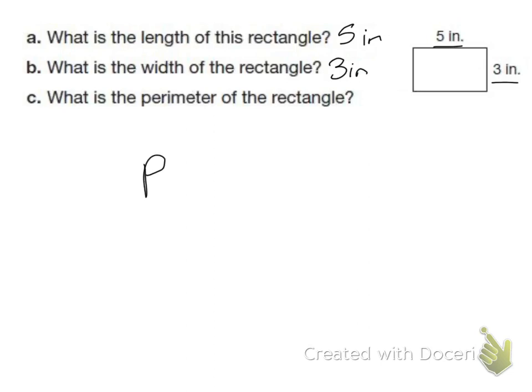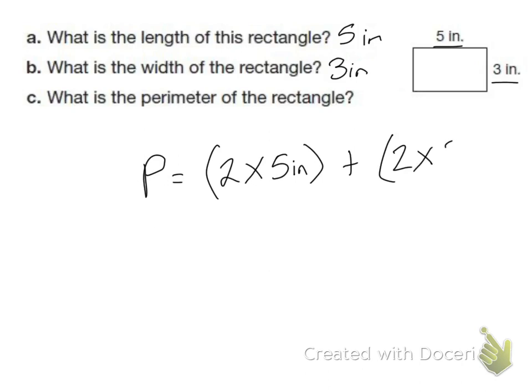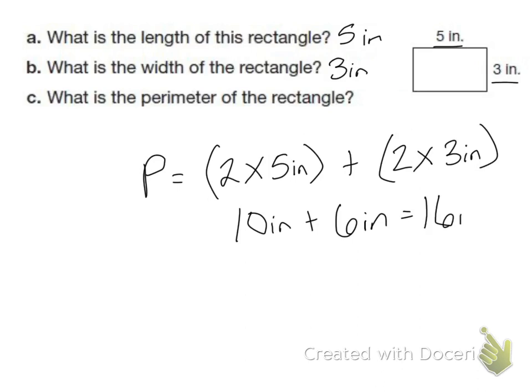Remember, the perimeter equals 2 times the length, which is 5 inches, plus 2 times the width, which is 3 inches. 2 times 5 inches is 10 inches. 2 times 3 inches is 6 inches. 10 inches plus 6 inches equals 16 inches.